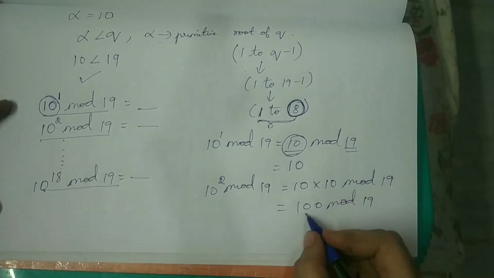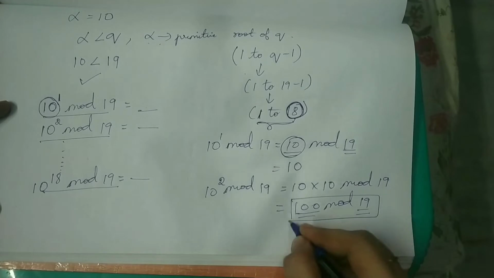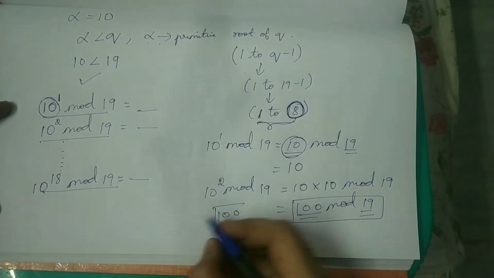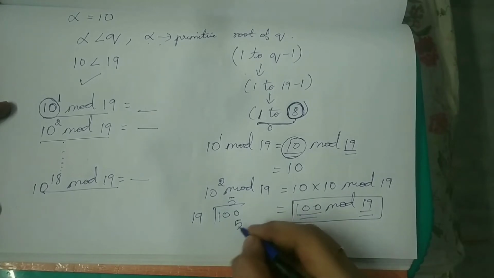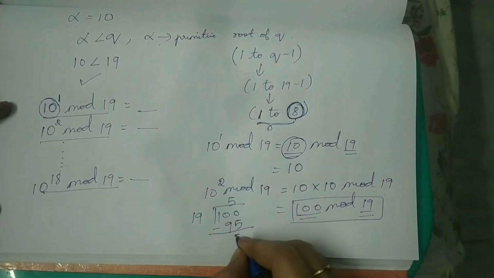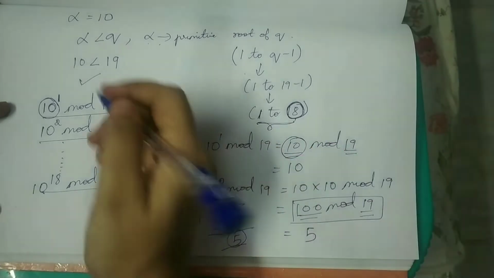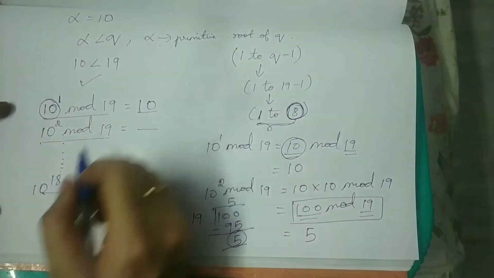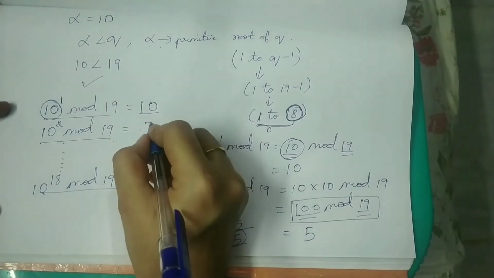So when I divide this 100 by 19, I'll be getting a remainder. That is the answer for this. So 100 divided by 19, it will go 5 times. 5 into 19 is 95. So the remainder is 5. So the answer will be 5. So for this the answer is 10. For 10 square mod 19 the answer is 5.